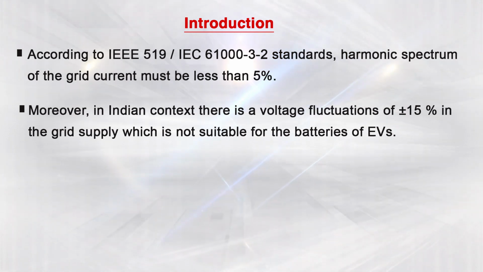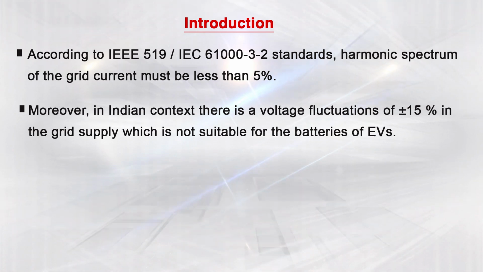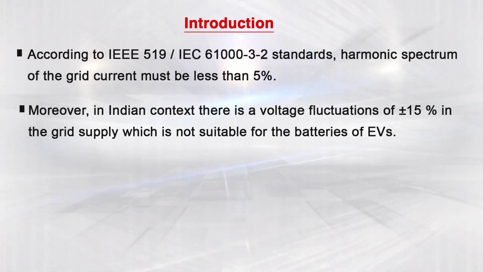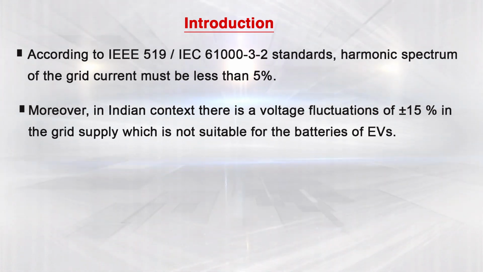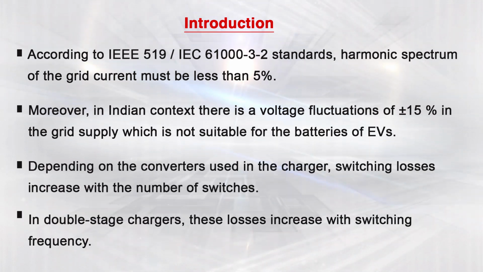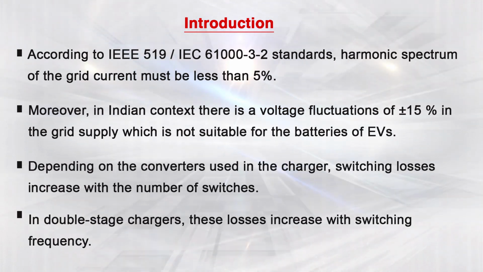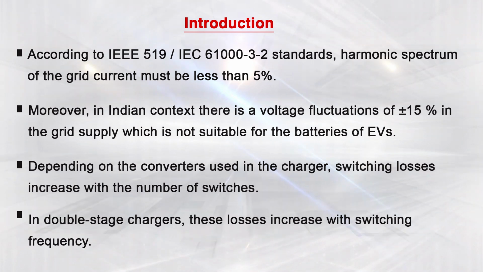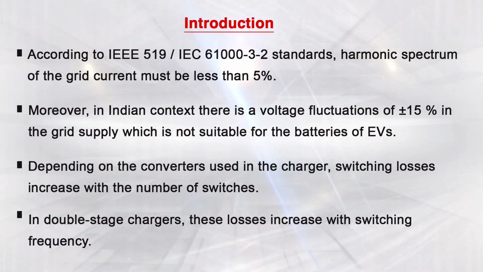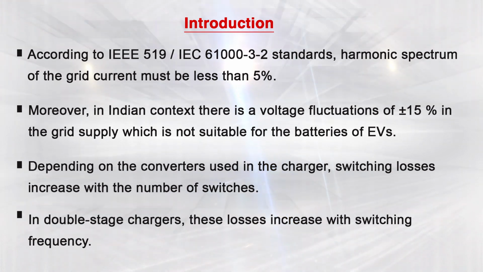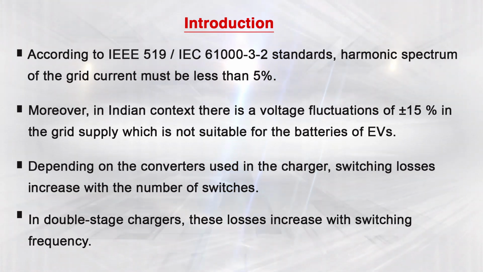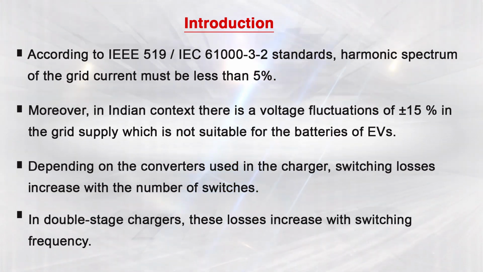In Indian grid conditions there is voltage fluctuation of around plus minus 15%. So, our charger should be able to operate under Indian grid conditions, because there is certain sag and swell in the voltage. It should compensate this sag and swell, as well as address the harmonic content present in the current.